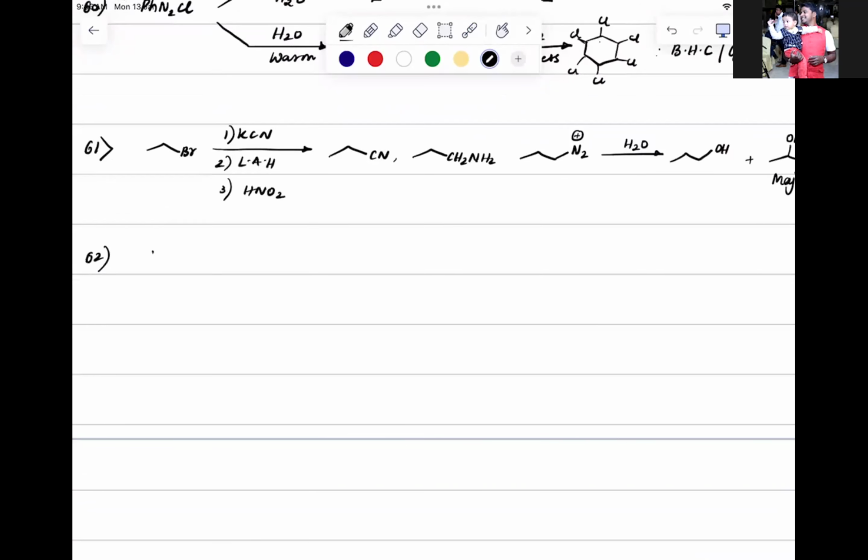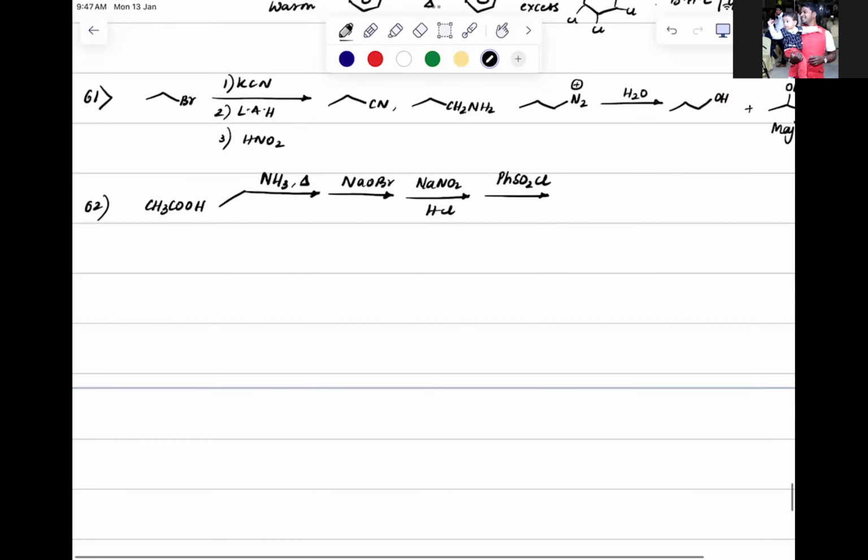Next, 62. CH3COOH. If you treat this with ammonia and heat, followed by NaOBr, followed by NaNO2 HCl, followed by PhSO2Cl, then what is the product?